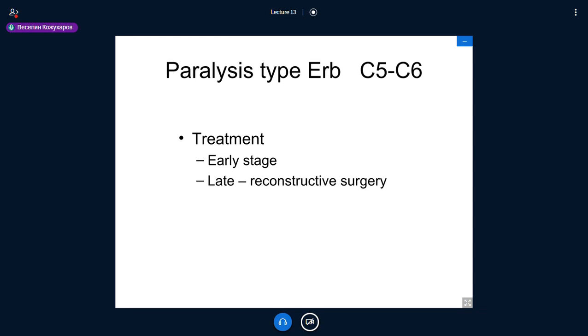This position should be kept for at least 40 days or longer. And after that, we could perform some examination to find out the degree of trauma.